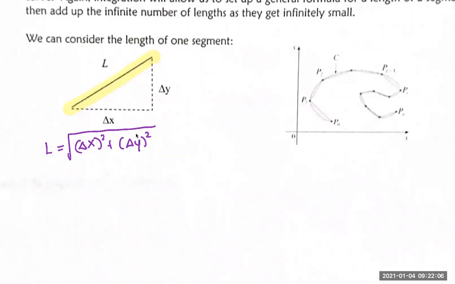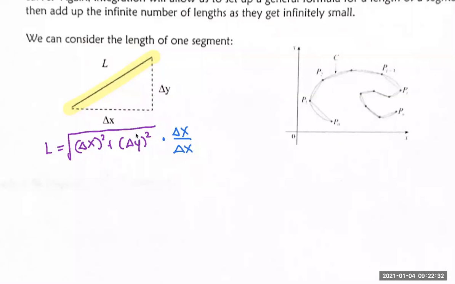To make a few adjustments here, can you guys type into the chat yes or no for this question? If I multiply by change of x over change of x, does that change the formula in any way?